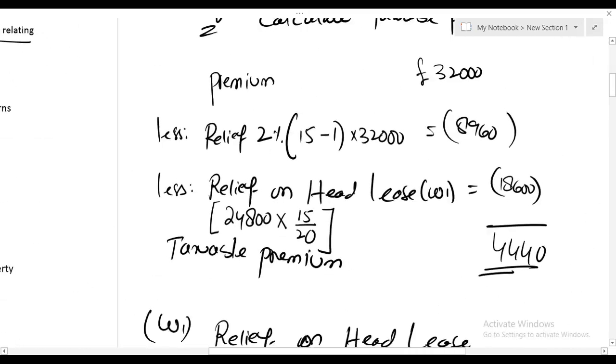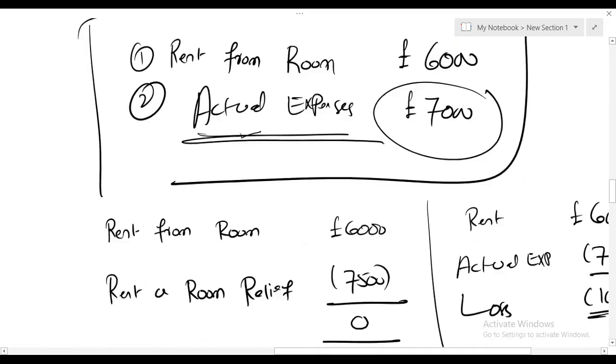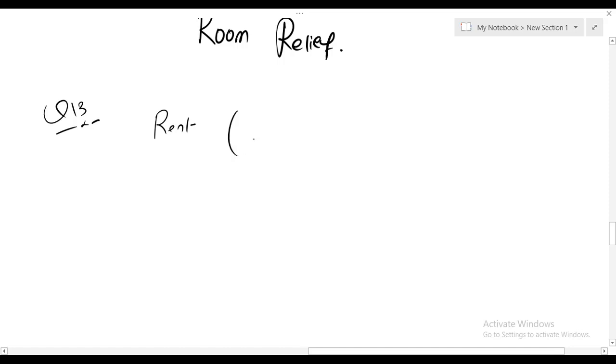So let us solve question number 13. It's a very easy question, I would say, not difficult at all. Let me take the rent. 800 times 12 gives me 9,600. Obviously, I will not deduct expenses because expenses are just 30 per month. If you multiply 30 with 12, you will get 360, which is way too less than rent a room relief.